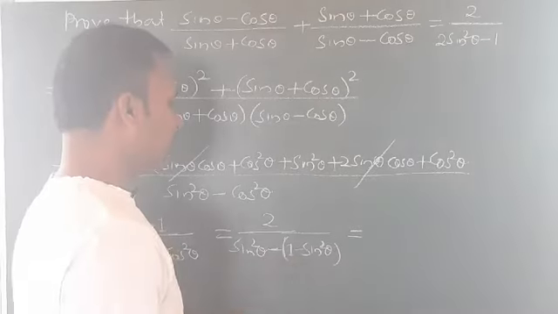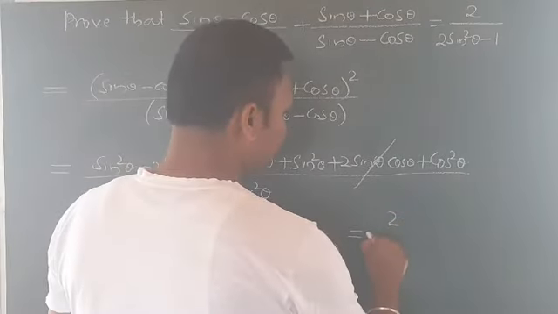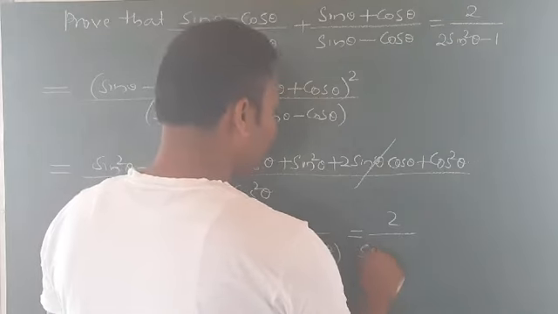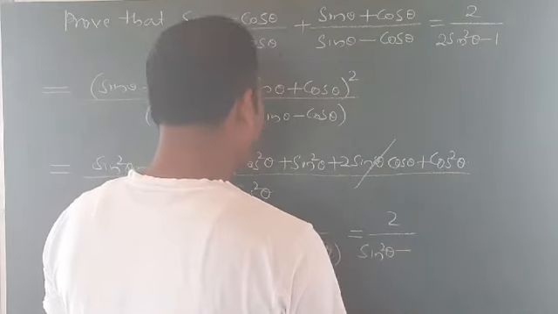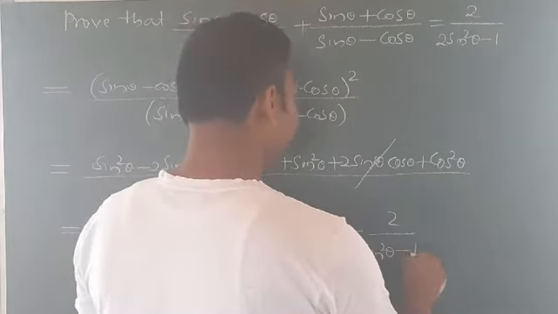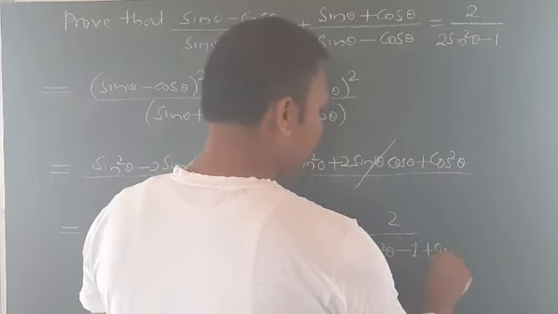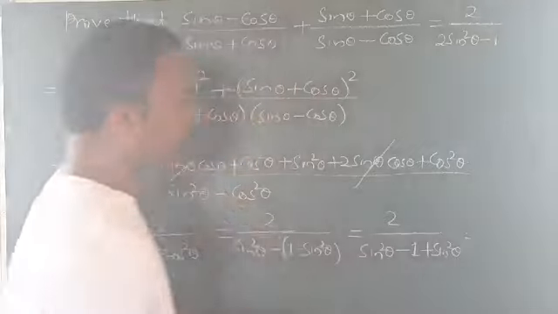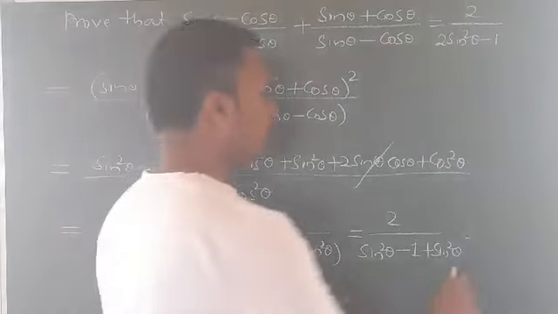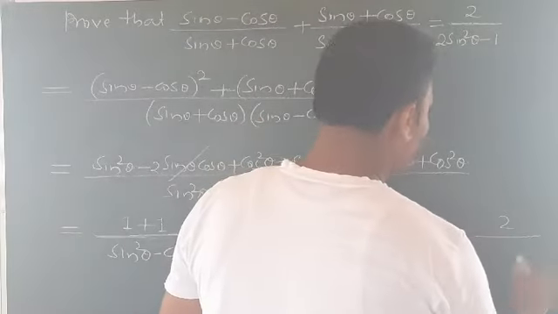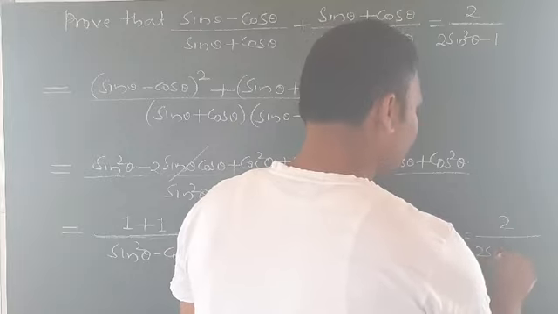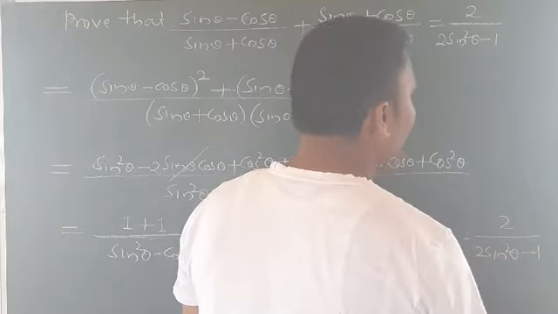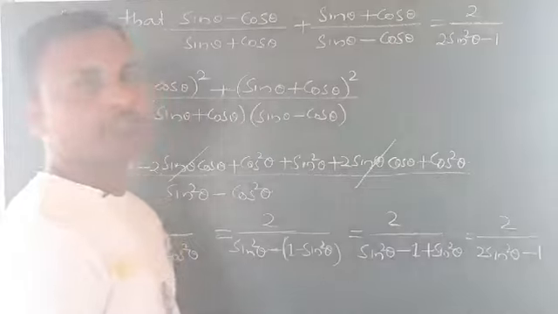Now minus into minus is plus, so 2 as it is. Now sin square theta minus 1 plus sin square theta. So again we can write as 2 by 2 sin square theta minus 1. Hence we have proved this one.